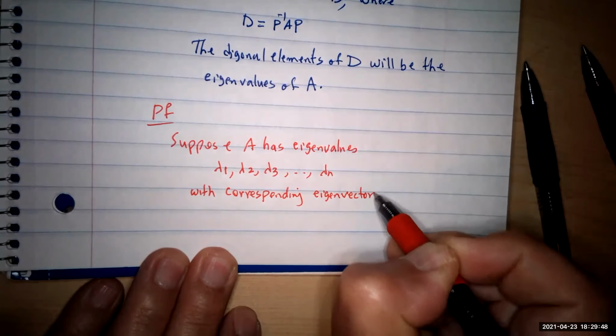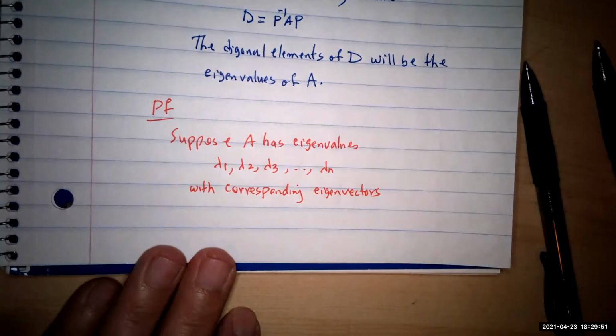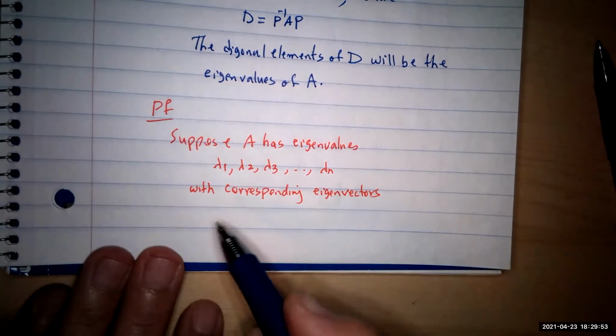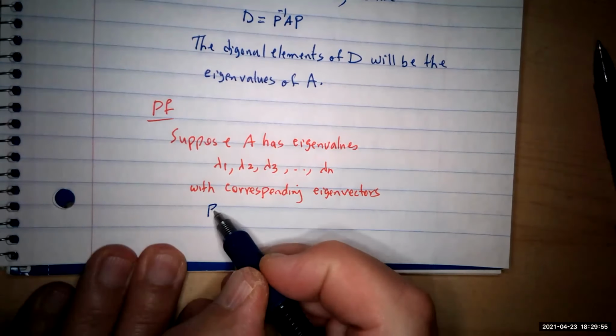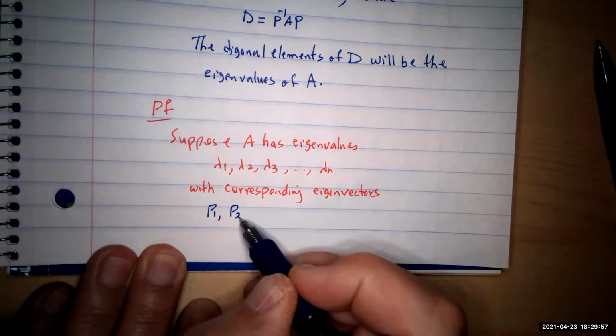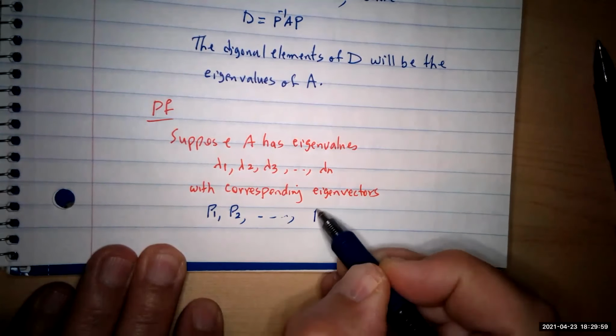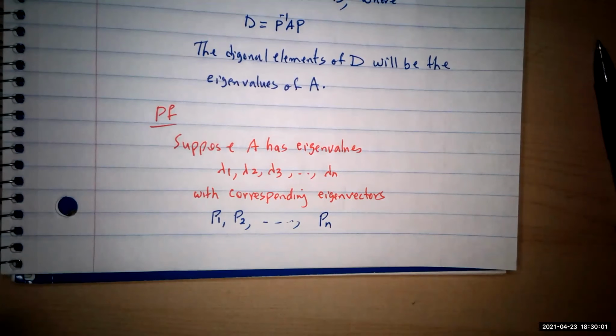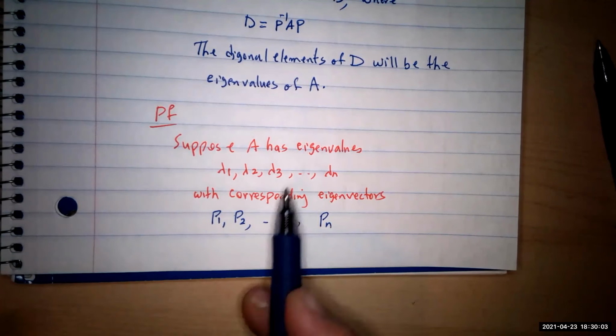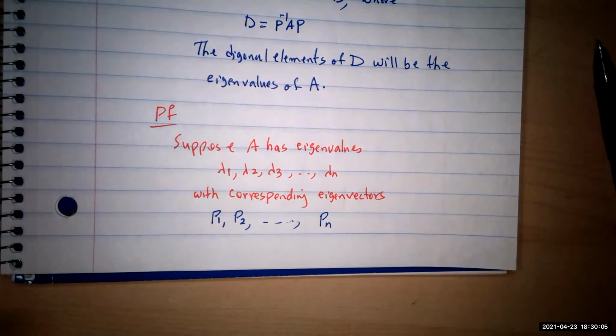These are the ones that you can quickly find. This is your job to find them. I'm going to call them P1, not X, P1, P2, up to Pn. So you give me the matrix, I provide both of them, and this is your job to provide it.